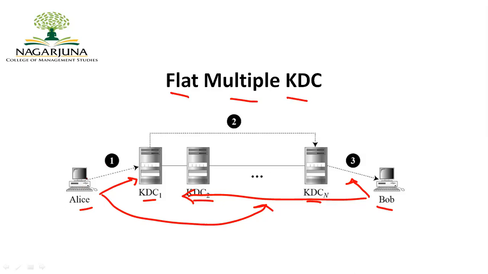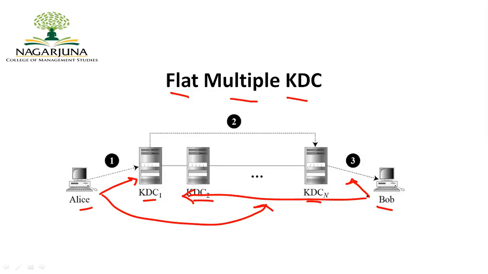Now Alice would like to exchange a message with Bob. So Alice is going to contact her own KDC, as well as communicate with Bob's KDC. In turn, Bob will get a request from the KDC.